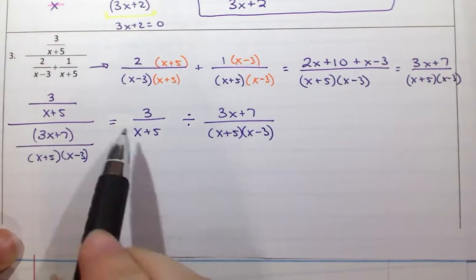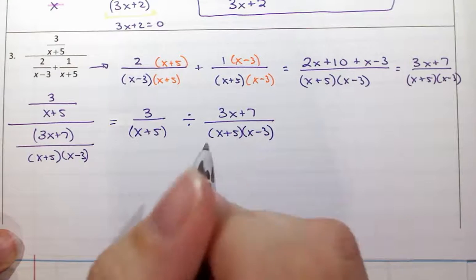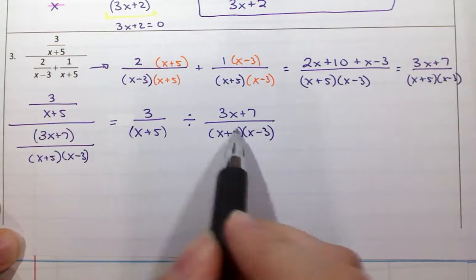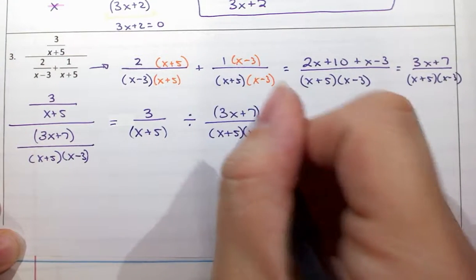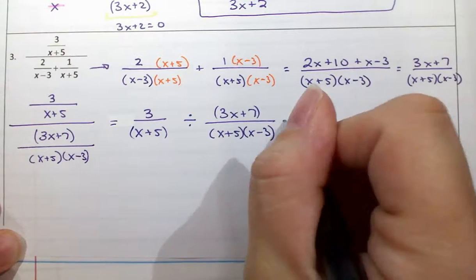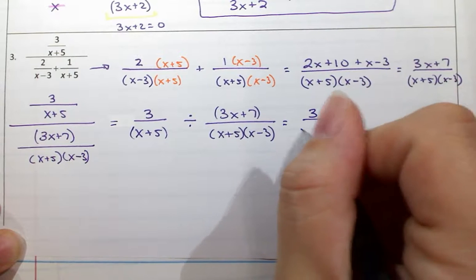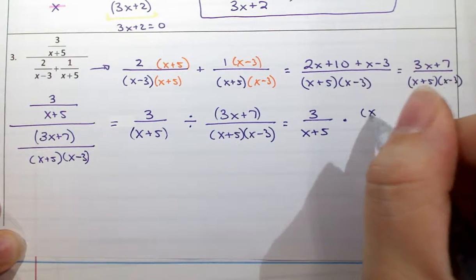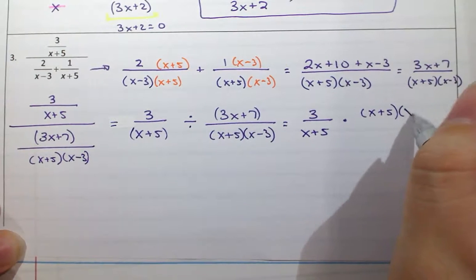So we're going to look to see does anything factor. And this is the reason we don't multiply things out and do extra work, because both denominators are already factored, and 3x plus 7 cannot be factored any further. So we're going to change this to multiplication. So keep the first fraction. We're going to use the reciprocal of the second fraction.